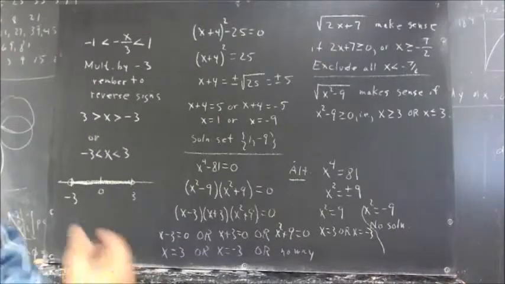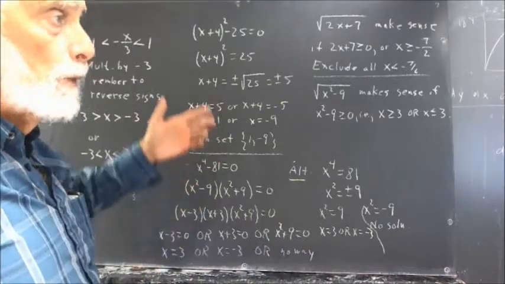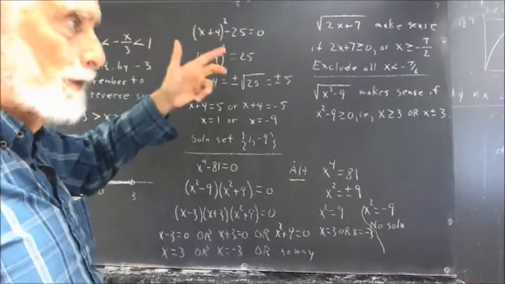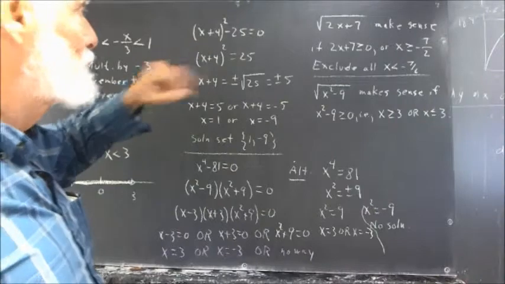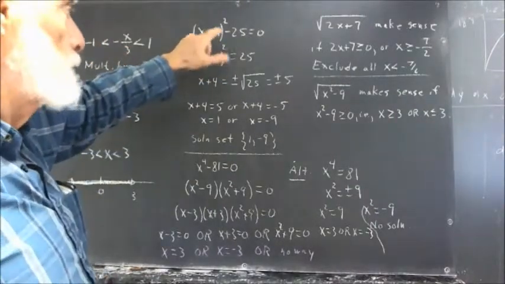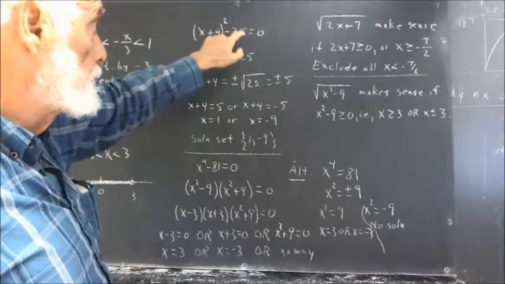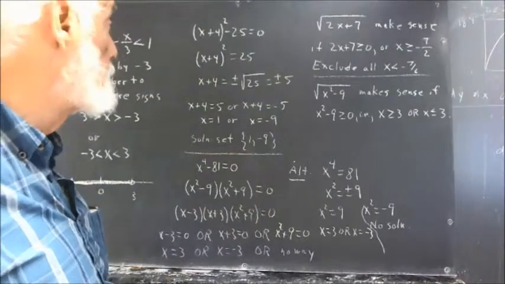Now turning to the questions on the document. We had, or we should have had, I didn't enter it quite correctly, but what was intended was we're supposed to solve the equation (x plus 4) squared minus 25 equals 0.